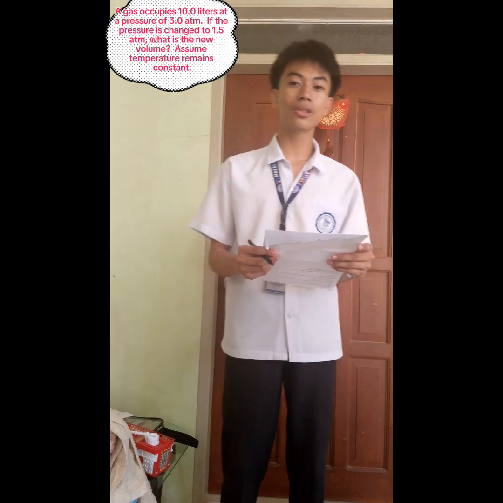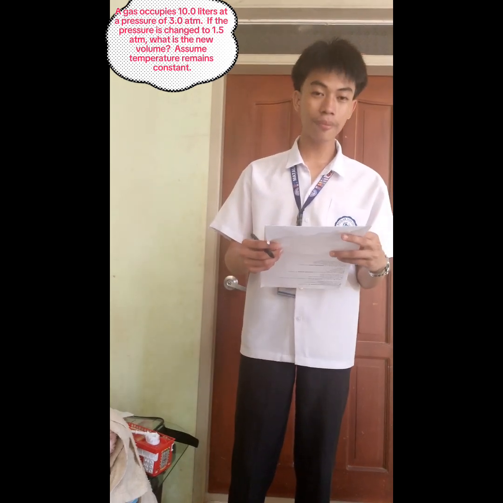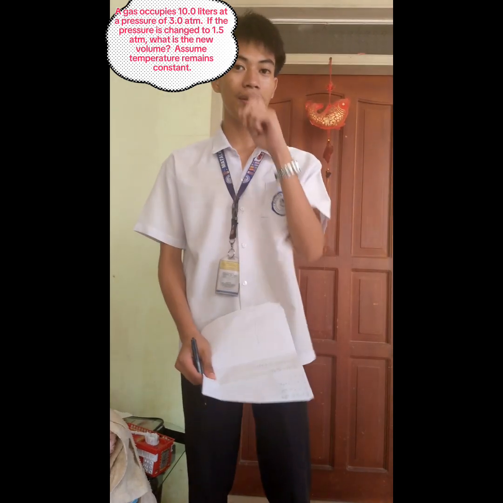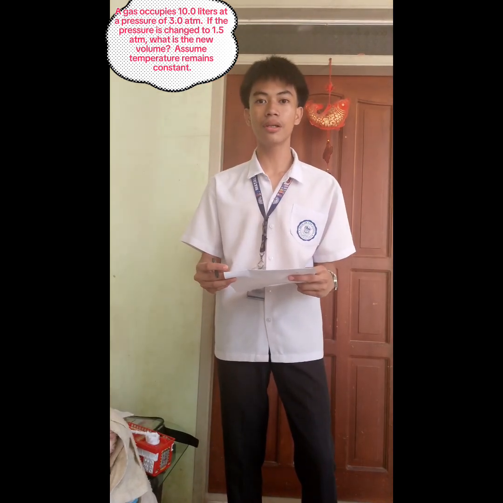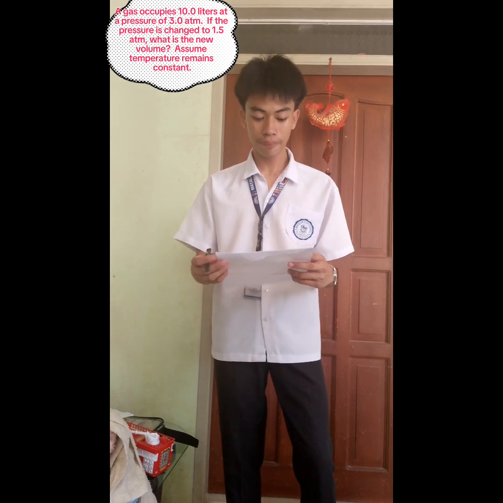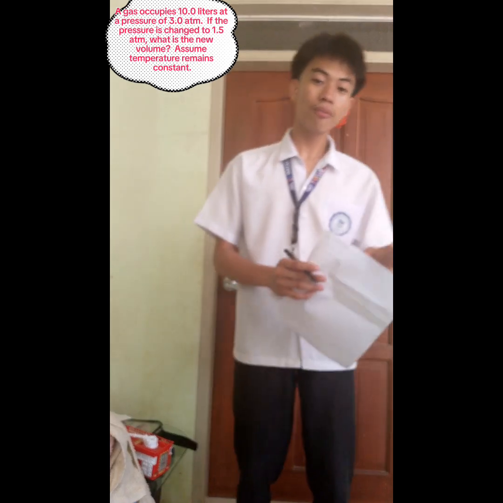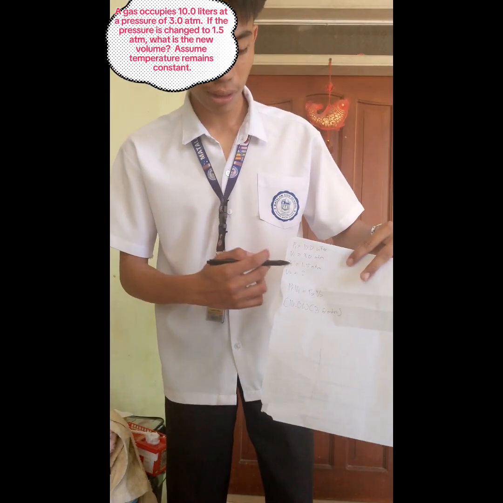Now let's solve it using the formula. The formula is P sub 1 times V sub 1 equals P sub 2 times V sub 2. Using the distributive property, we now distribute the given into the formula.